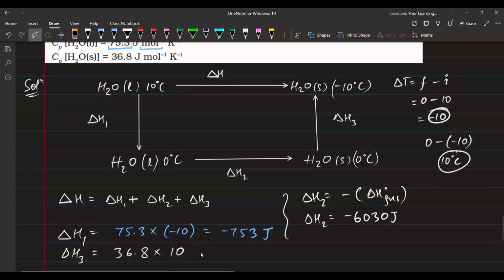Equal to how much? 368. Yeah. One second. This will be equal to 368 joules. So calculate how much the answer comes to.